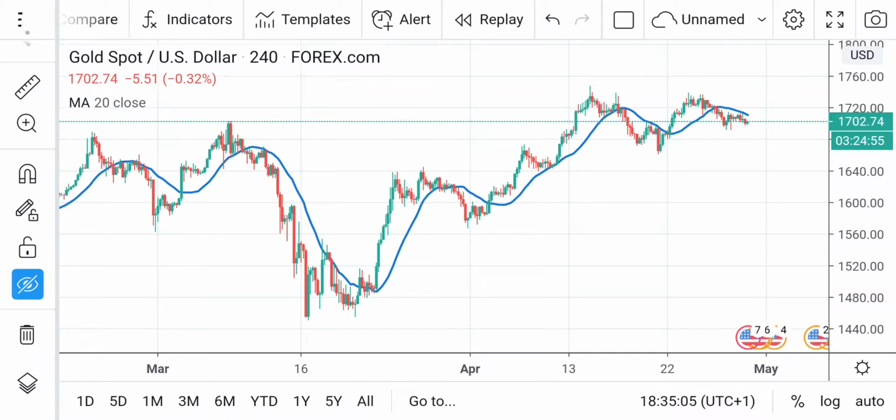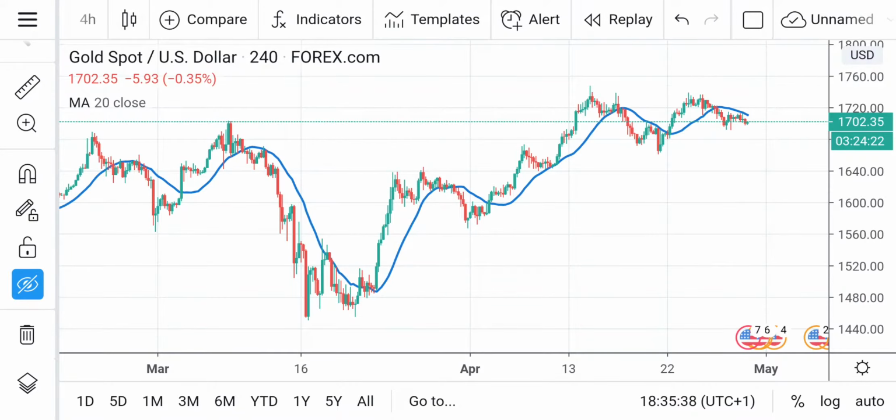I'm going to talk about how you can add and customize the MACD indicator on your chart, how you can use it to identify momentum in the market, how you can use it to identify areas of reversal, how you can use it to identify breakouts and breakdowns, and how you can use it to identify trend, to filter trend.